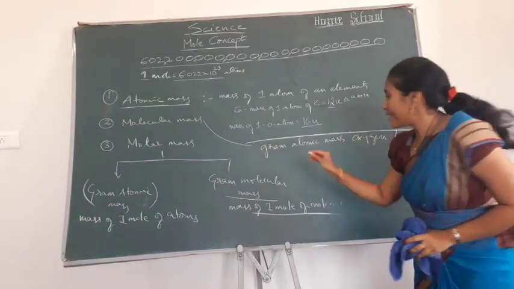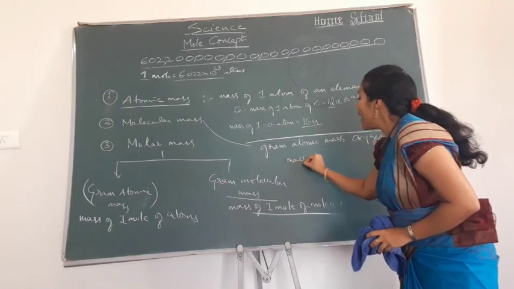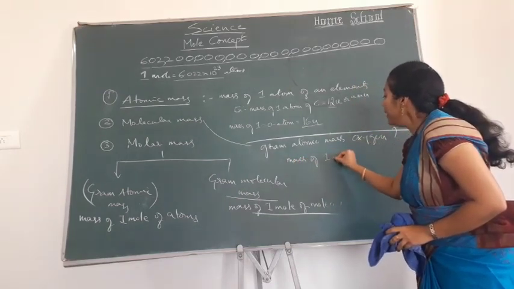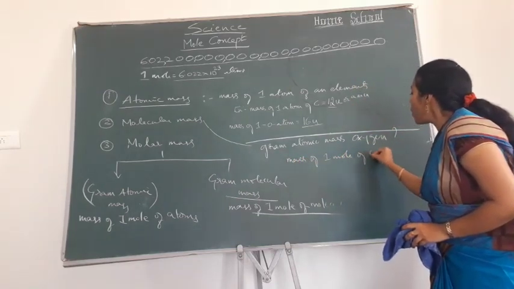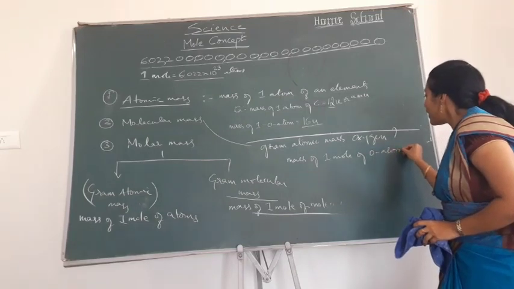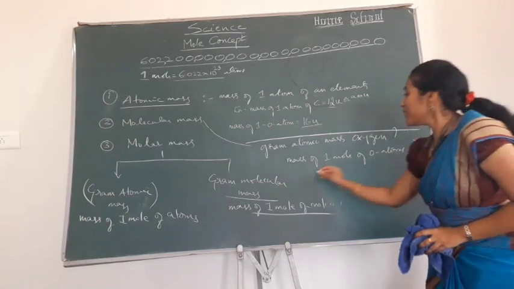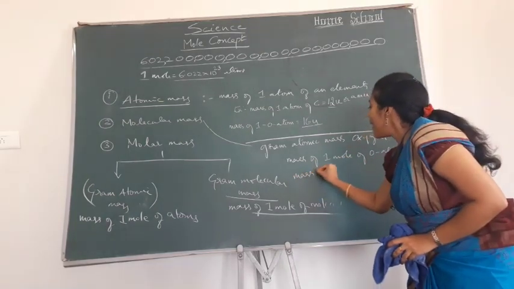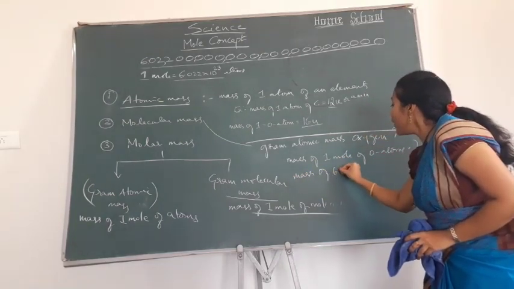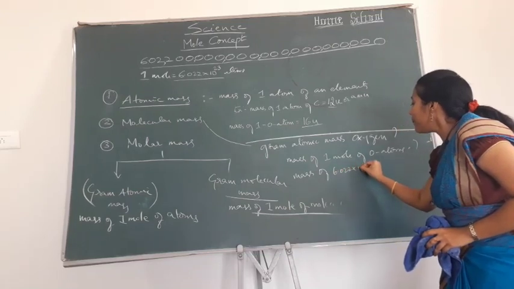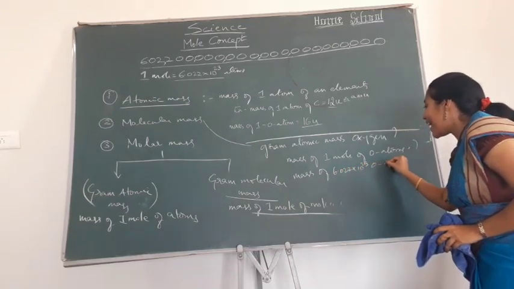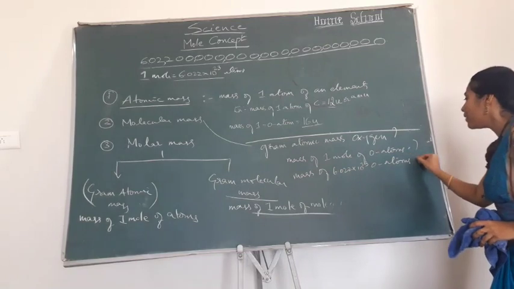I am actually asking you the mass of 1 mole of oxygen atoms. This is the question I am asking. Again, mass of 1 mole of oxygen means what? Mass of 6.022 into 10 to the power of 23 oxygen atoms. That mass I am asking you.